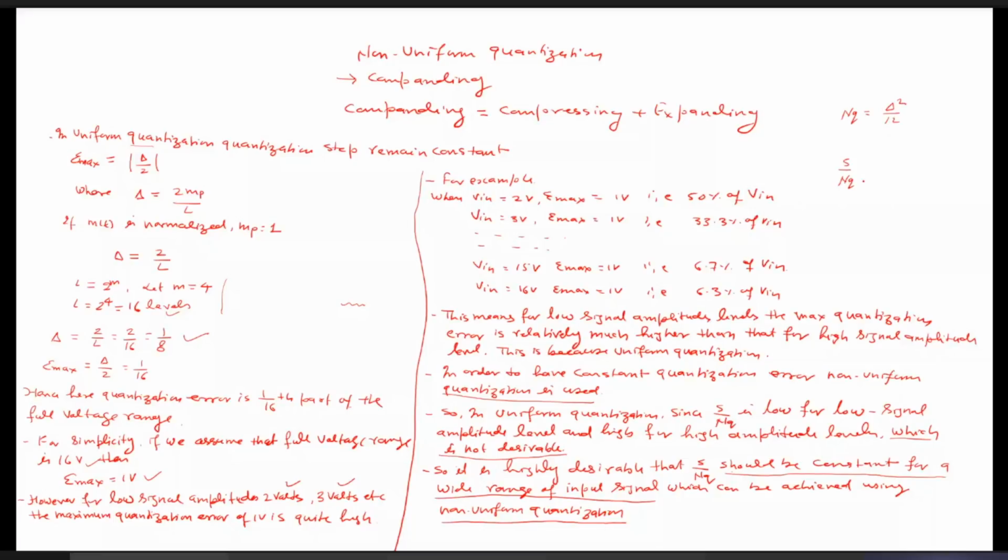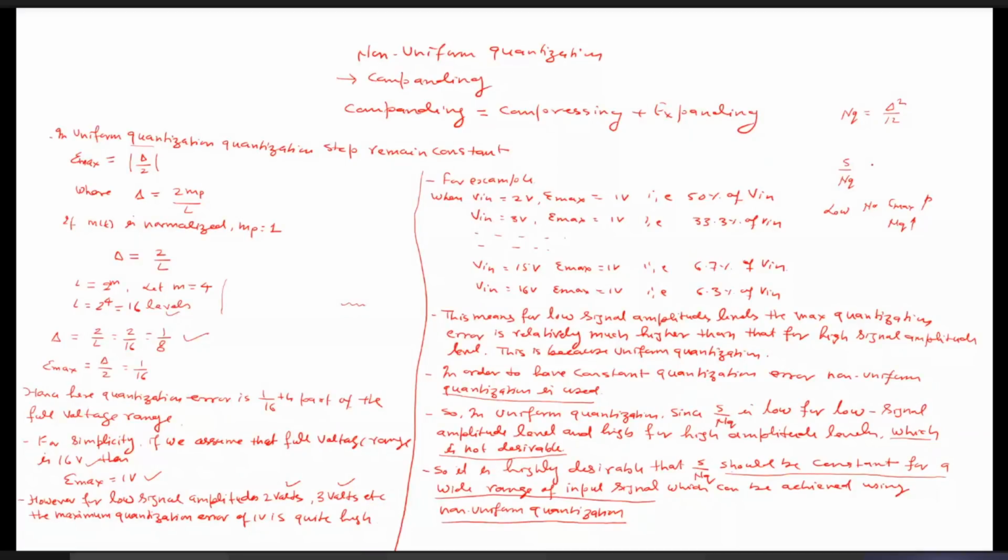Here, the quantization error, this epsilon max, increases at low amplitude. Because of that, NQ increases. At the same time, at low amplitude, our signal power is also low. So the signal to noise ratio is low, and at low level the quantization noise increases, so the signal to noise ratio decreases.